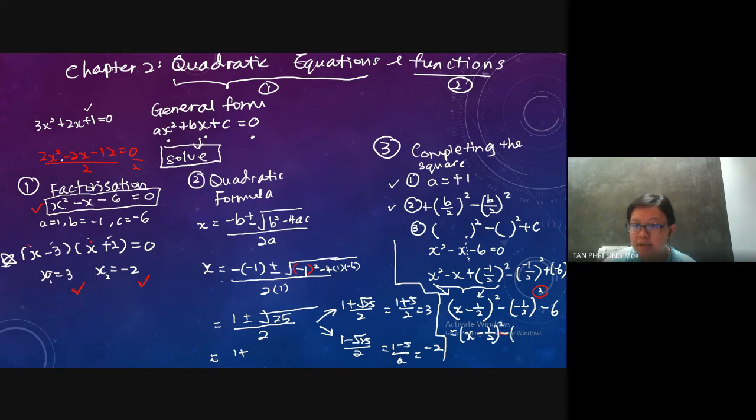So the minus I write here, so I get 1 over 4 here, right? And then minus 6. So now you come to this step, minus half square, big bracket. This one, don't do anything to the big bracket. So now your calculator, minus 1 over 4 minus 6, what do you get?